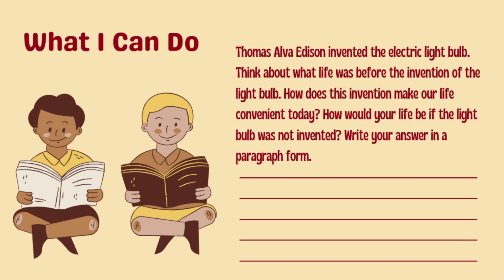Think about what life was before the invention of the light bulb. How does this invention make our life convenient today? How would your life be if the light bulb was not invented? Write your answer in paragraph form. You can write your answers in your notebook.